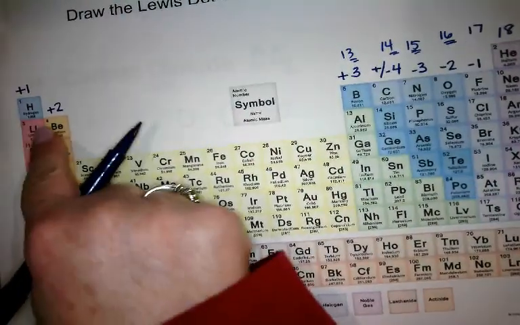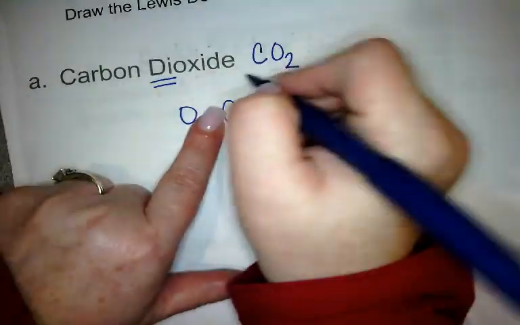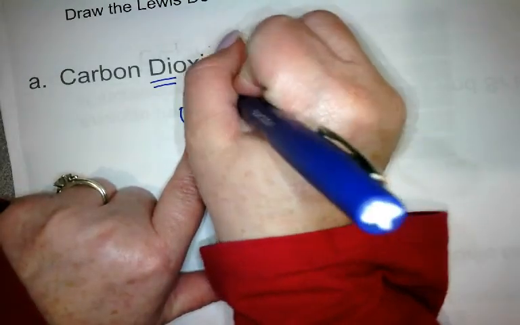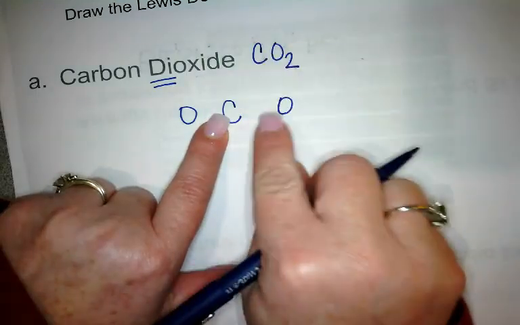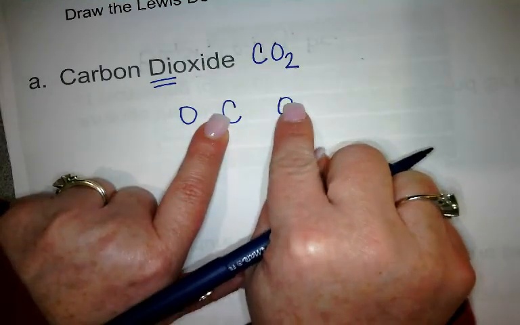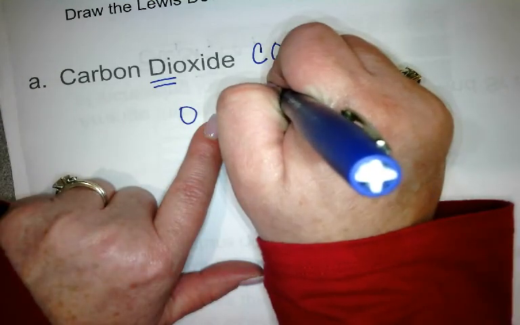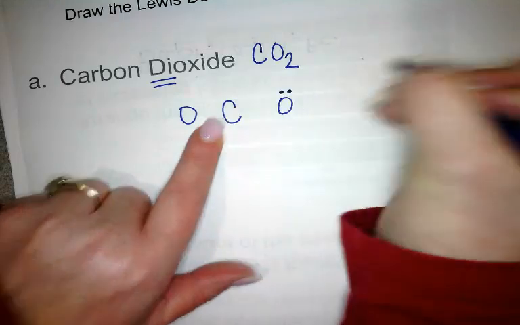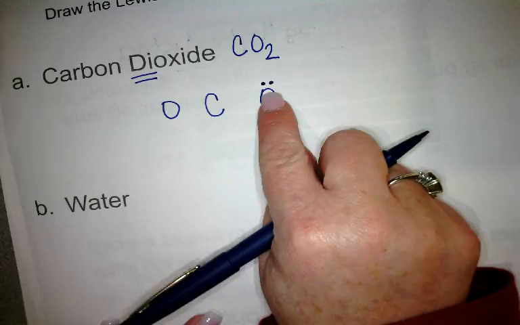So carbon has 4 electrons, and oxygen has 6. So we're going to do the oxygen one first. So if you remember when we write the electron configuration, we're going to put dots around it to represent each of the electrons.